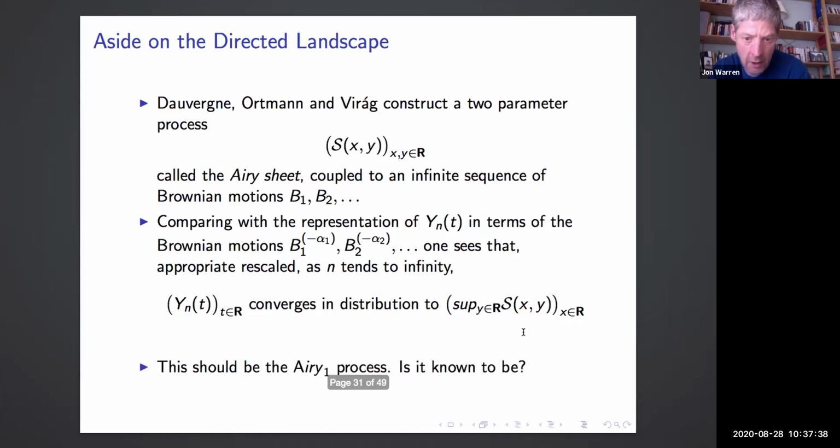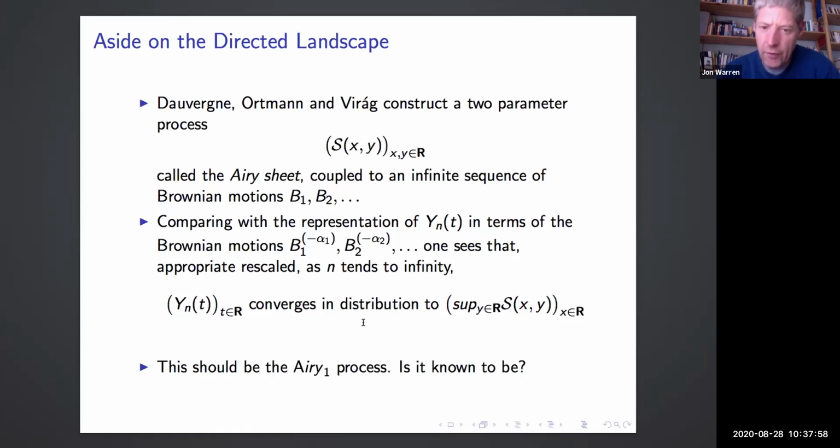So the thing I don't know, and this looked like a good place to ask it, because I'm not up to speed with the state of the art with the directed landscape, is this thing, the sup over y of S(x,y), already known to be the Airy 1 process, identified as the Airy 1 process? Of course, it should be, but is that proved?